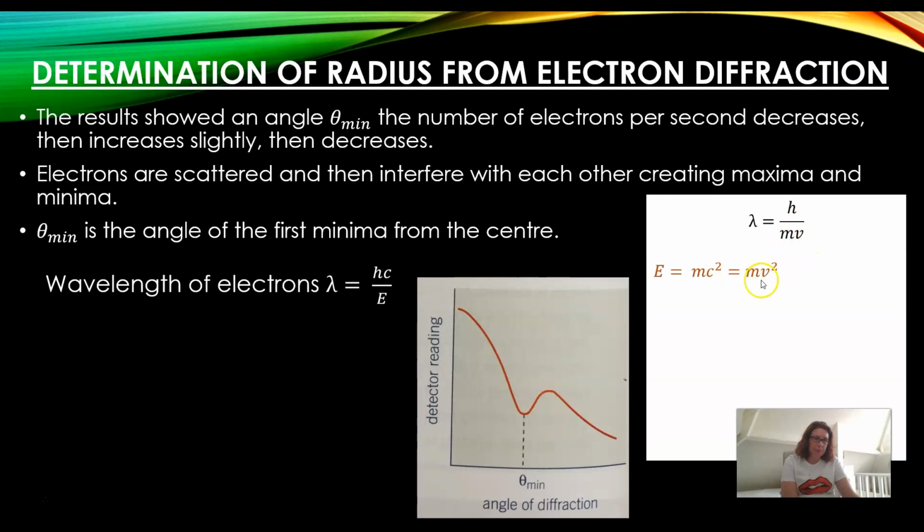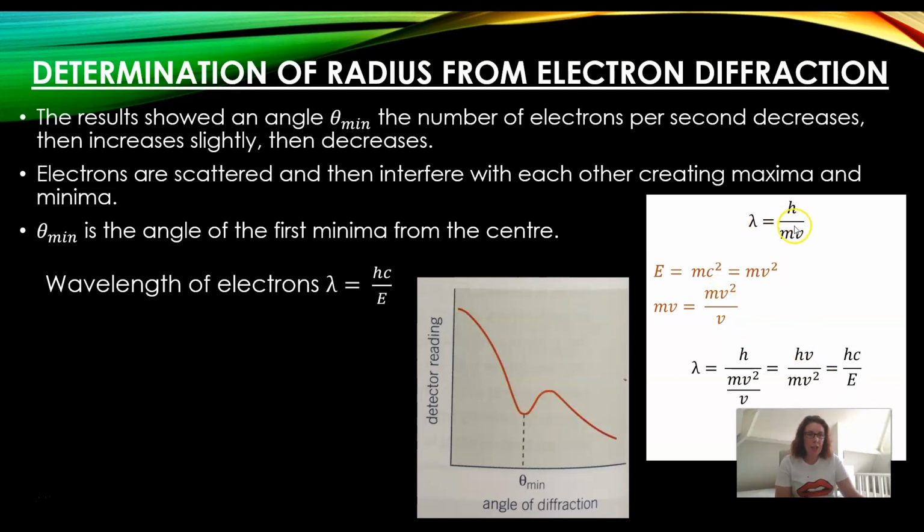They're almost the same, but not quite, because you've got this squared term. I want to make mv into E. I've got my mv squared term here, which is E, and if I divide through by v, that would give me mv again.